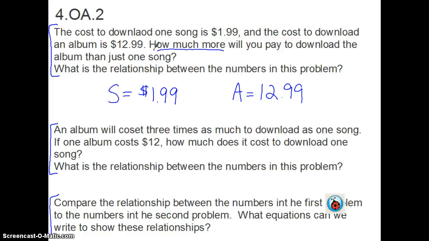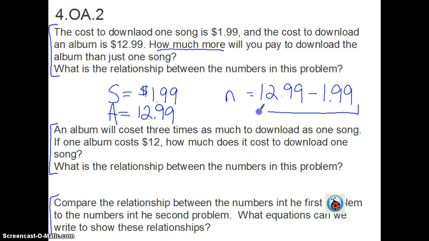And when you are comparing those two, you have to understand that you are setting up a problem that looks like $12.99 minus $1.99 is going to equal your variable, which I'm just going to name N at this particular point, because this is using what it costs to make the album versus what it costs to make the song. So if you complete this equation, you should come to a solution for the answer to this problem.